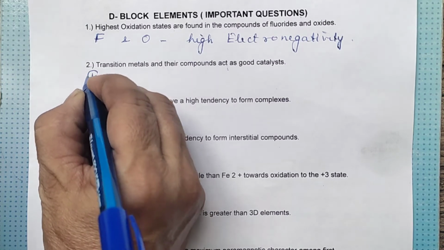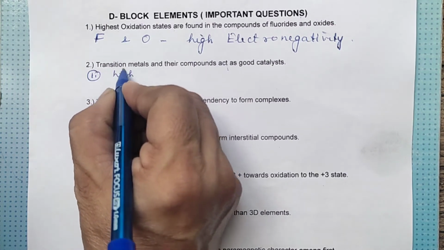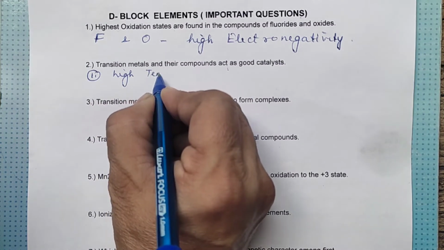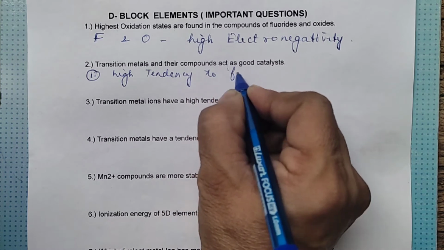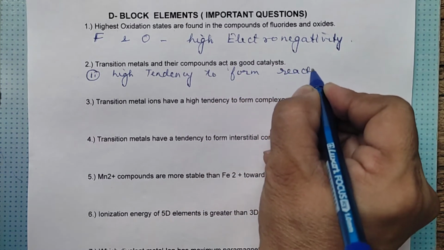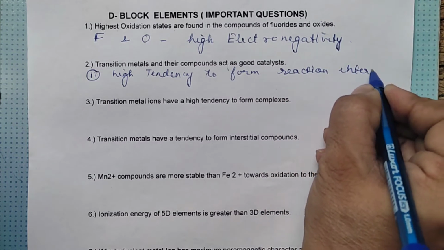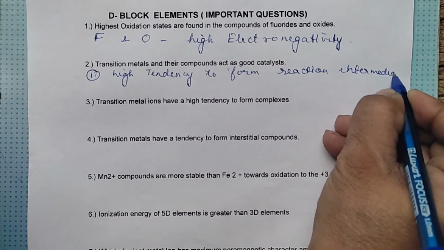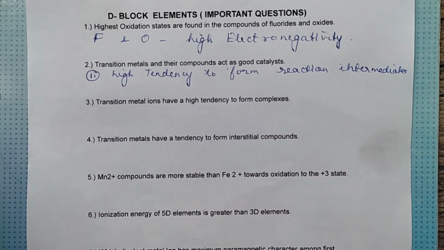Number one, you will write down because they have high tendency, transition elements have high tendency to form reaction intermediates.